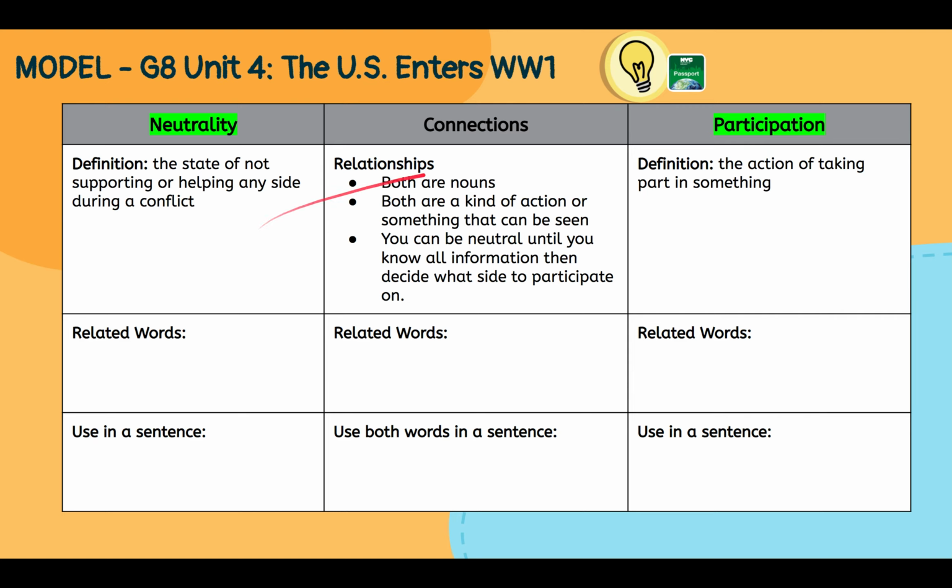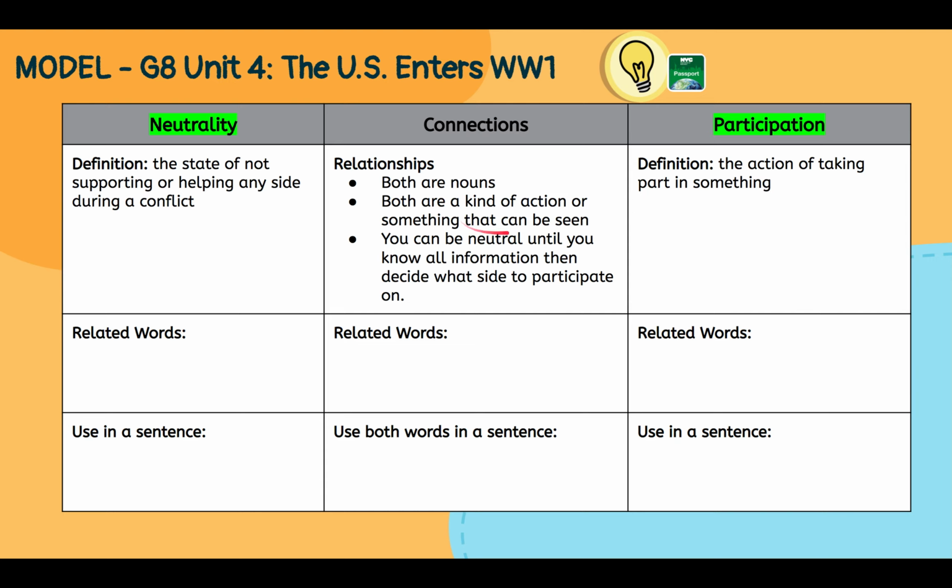Both are a kind of action or something that can be seen. For example, if somebody becomes neutral in a conflict, you'll be able to see that. That's an action that they're taking. They're deciding not to choose a side. And if somebody participates in something, that's something that you can see. You can see participation. And it is an action.